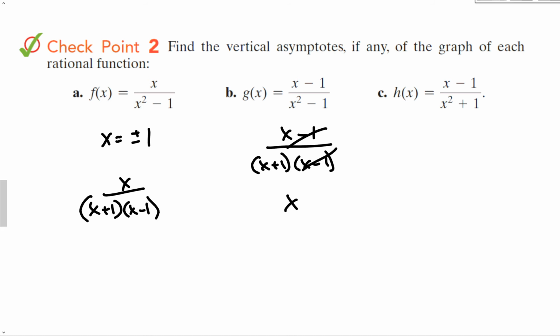Those cancel. My only vertical asymptote is -1. Positive 1, this one that canceled out, x equal positive 1, is a hole in the function, a removable discontinuity. And this one has no vertical asymptotes.